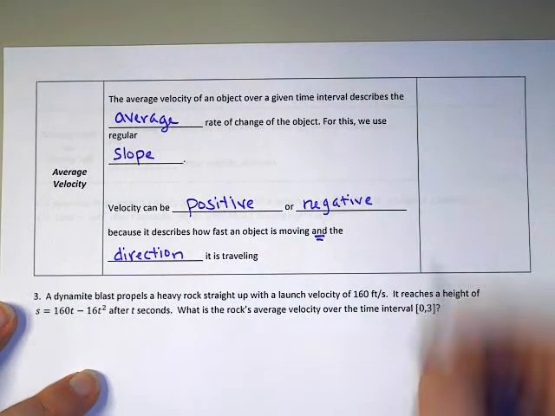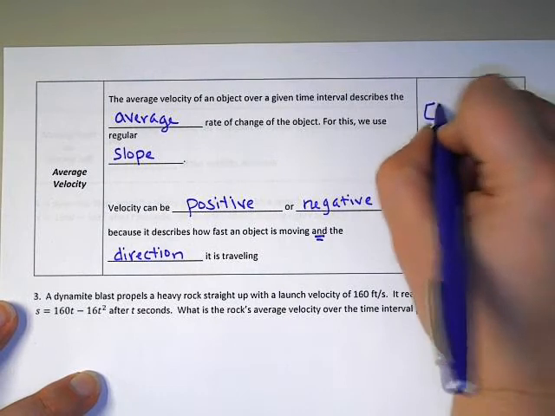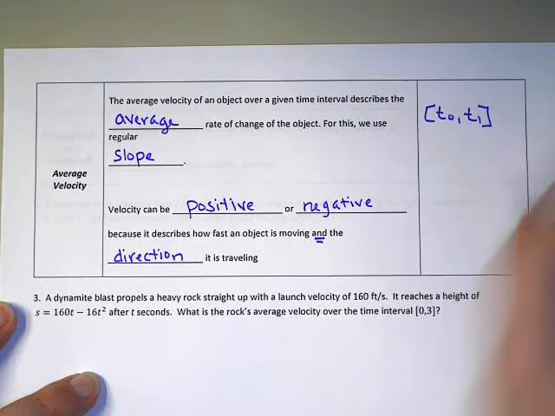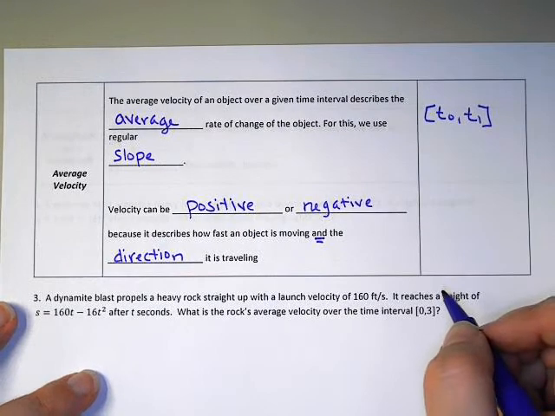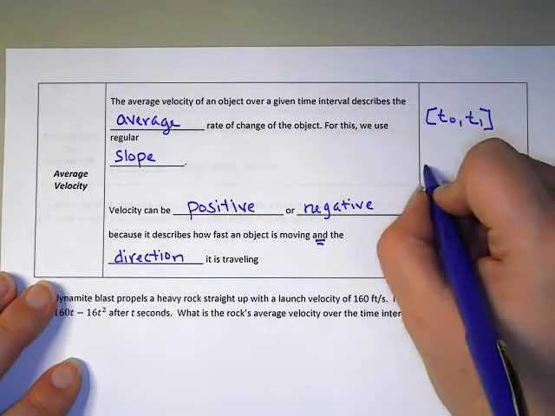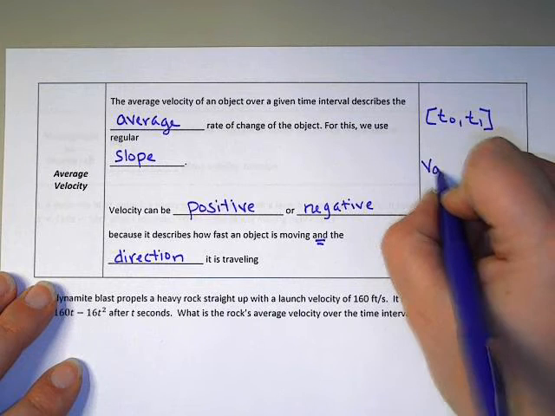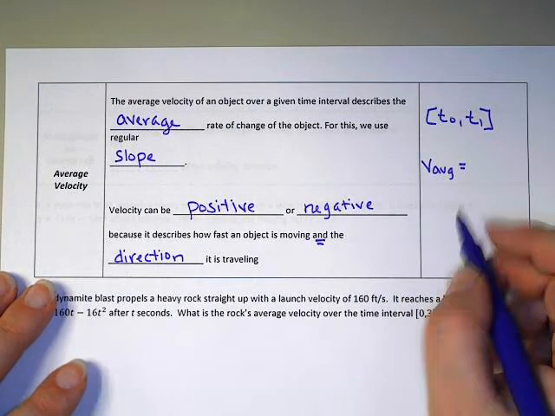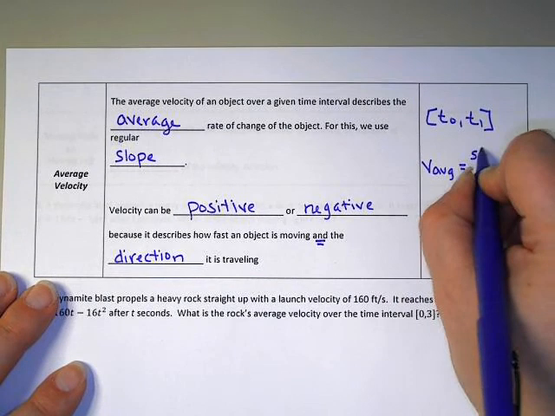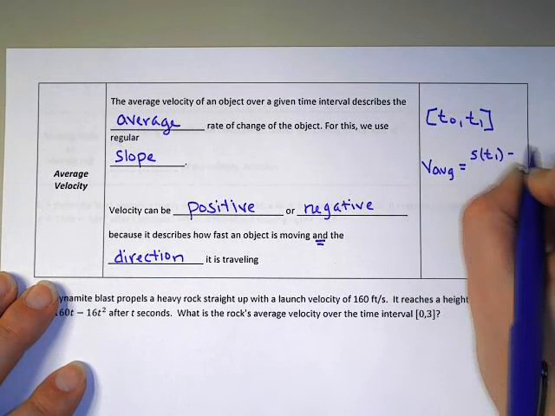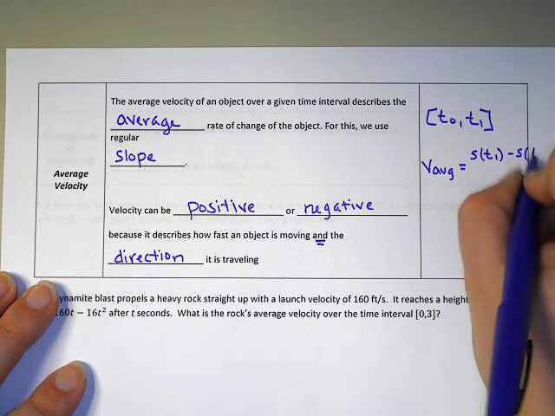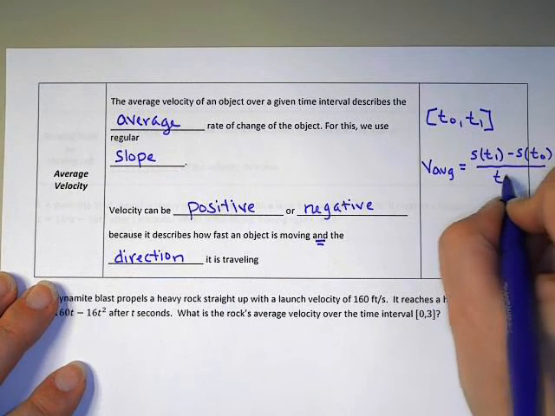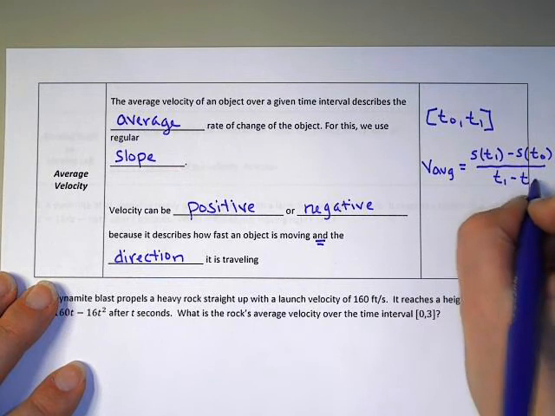So if we're looking at that same time interval from t0 to t1, and I want to find the average velocity, the notation we're going to use here is just v average, and it's just going to be the slope. So it's going to be the position at t1 minus the position at t0 all over t1 minus t0.